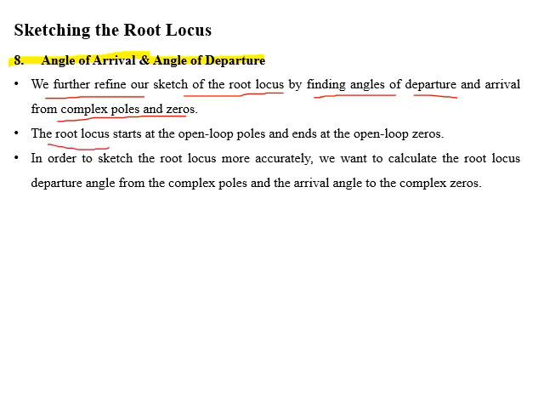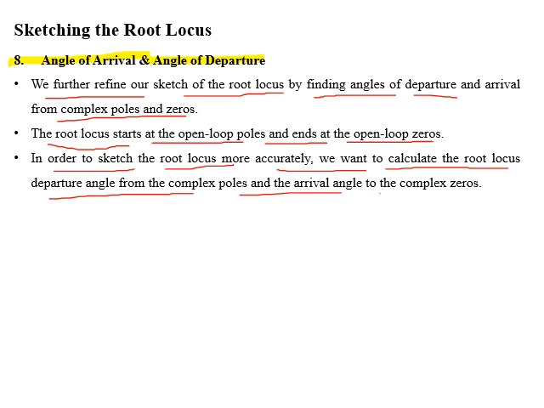The root locus starts at the open loop system poles and will end on the open loop system zeros. Now to sketch the root locus more accurately, we will calculate the angle of departure from complex poles and the angle of arrival for complex zeros.